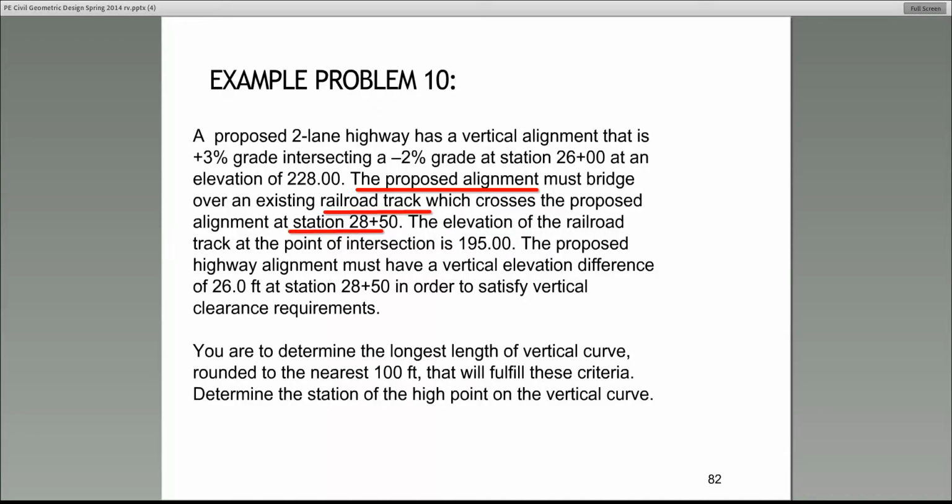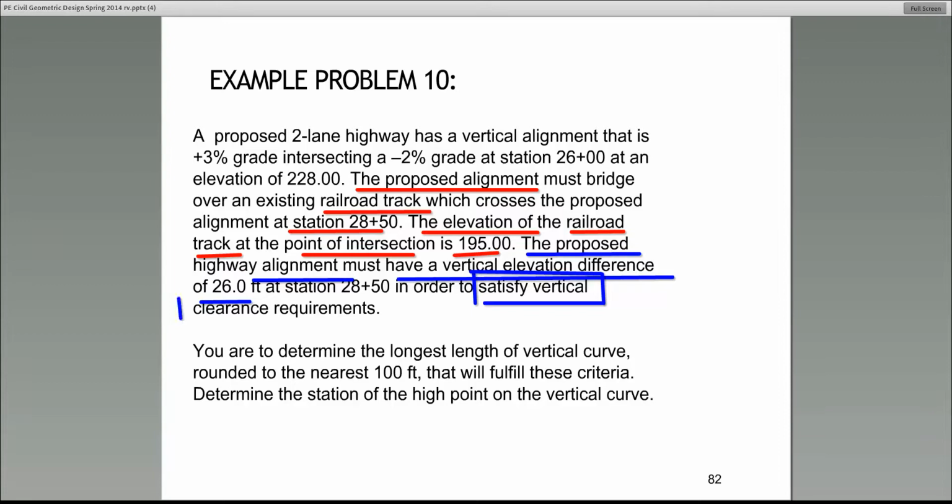The next sentence says the elevation of the railroad track at the point of intersection is 195. The proposed highway alignment must have a vertical elevation difference of 26 feet at station 28 plus 50 in order to satisfy vertical clearance requirement. This is your clue, guys. It says to satisfy vertical clearance requirements.